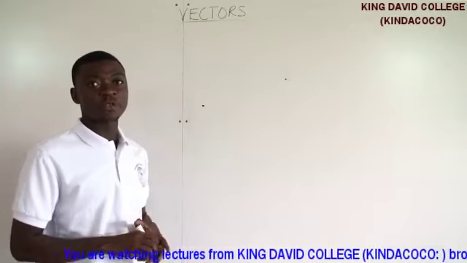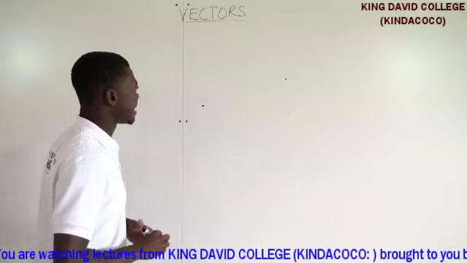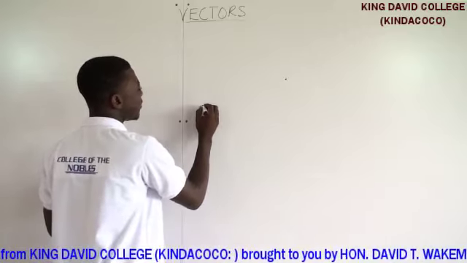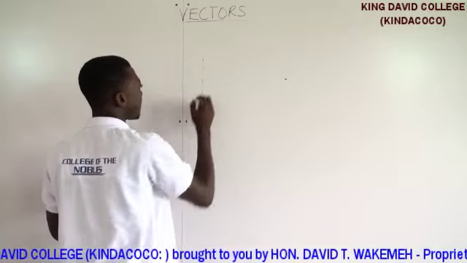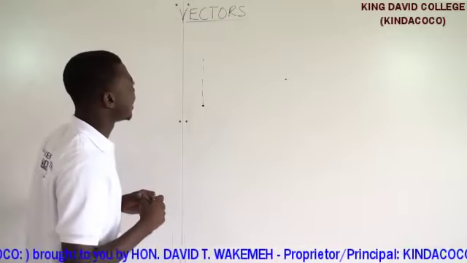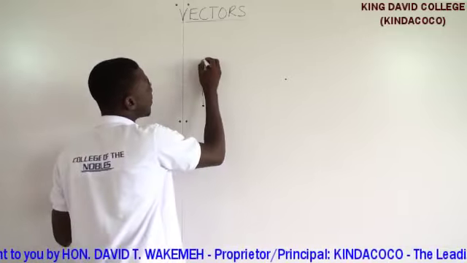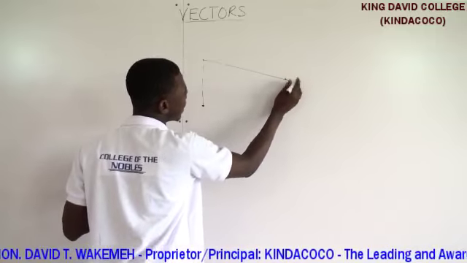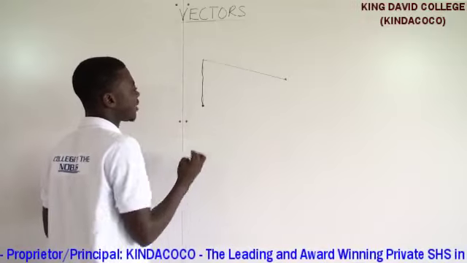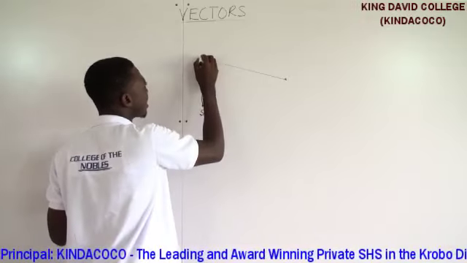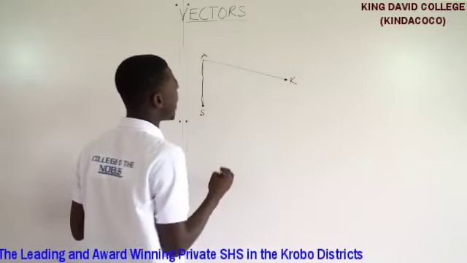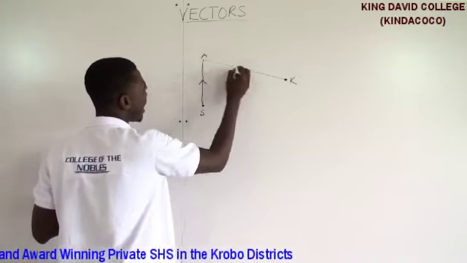Somebody says, first I'll pick a car from Somanya to Accra, then I'm going to pick a car from Accra to Kumasi. That's what one person wants to do. That's one person's journey. So Somanya to Accra, Accra to Kumasi.